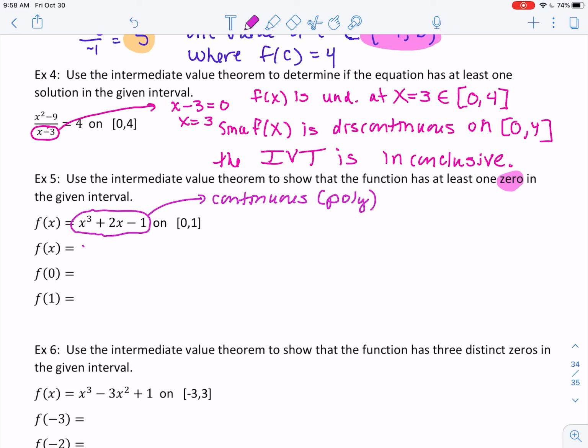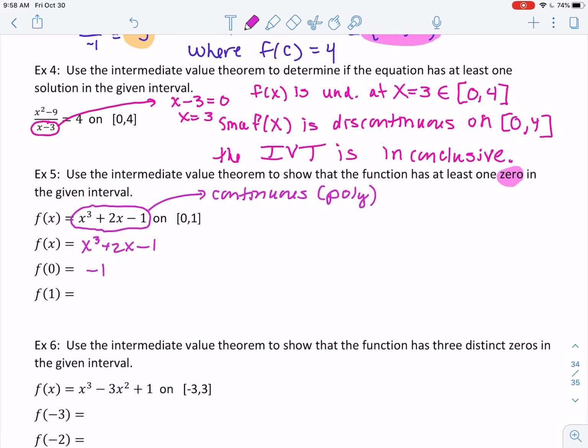All right, so our f of x is that function, f of 0 is -1, and f of 1 would be 1 plus 2, which is 3, minus 1, which is 2.